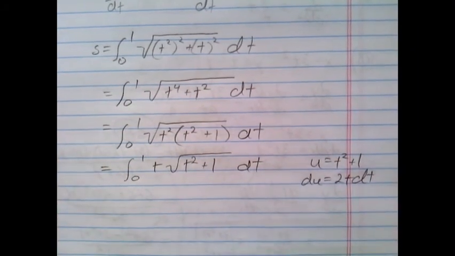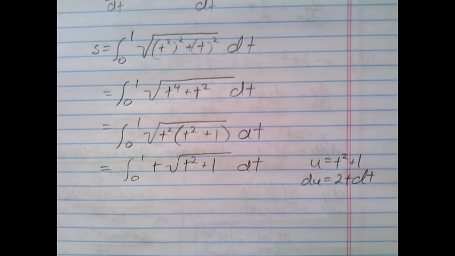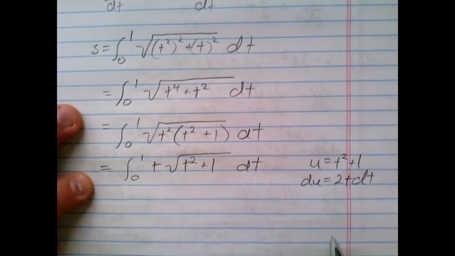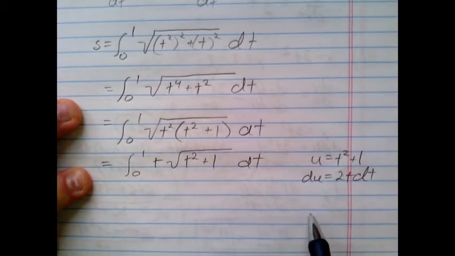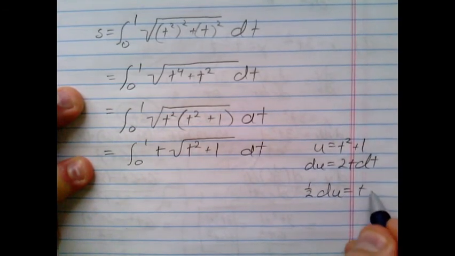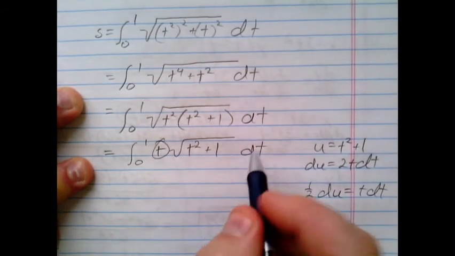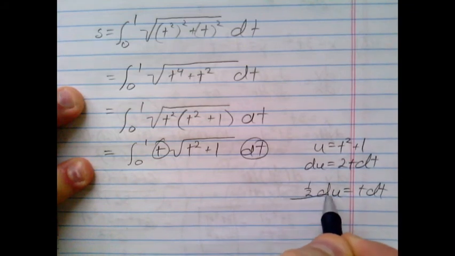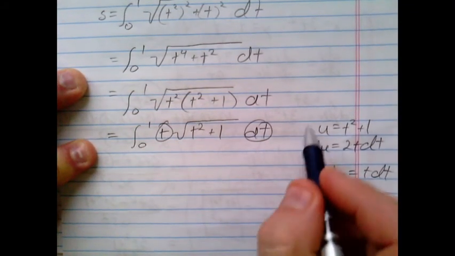Getting back into integrals is kind of a blessing in disguise, because you guys know a lot about integrals. Might be a little rusty, but it'll come back. You've learned a lot. And let me see, I'll move that 2 over. So 1/2 du equals t dt. t dt is what I have, so I'm going to replace that with 1/2 du.